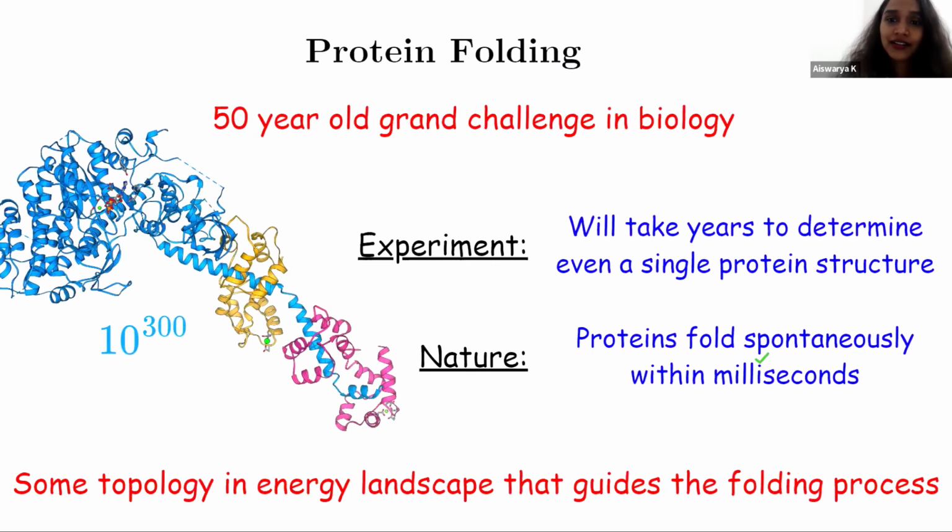And why was it hard? This was a 50-year-old grand challenge in biology, and it took almost 50 years to solve this. The experiment will take years to determine a single protein structure, and a protein with 200 or more amino acids can take more possible shapes than atoms in the whole universe. So, determining the protein structure by traditional methods will take years or is even impossible.